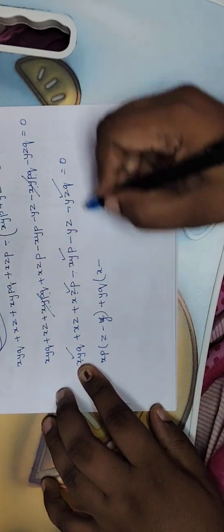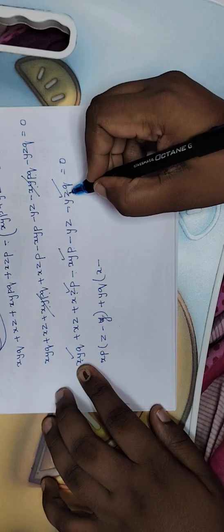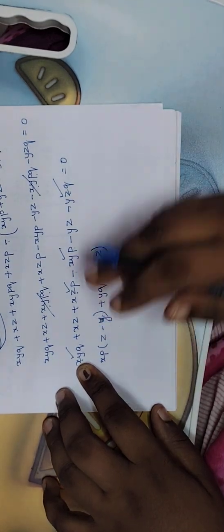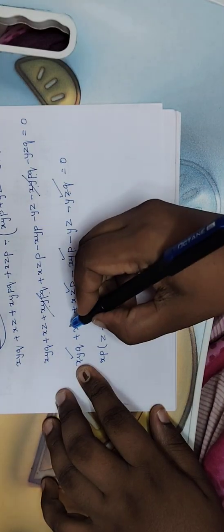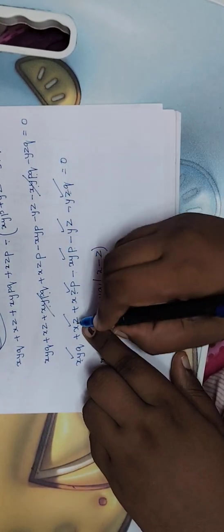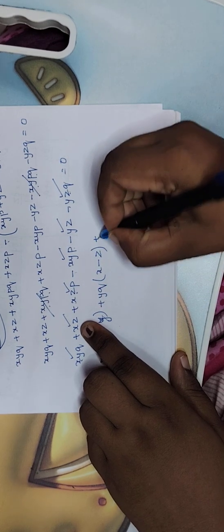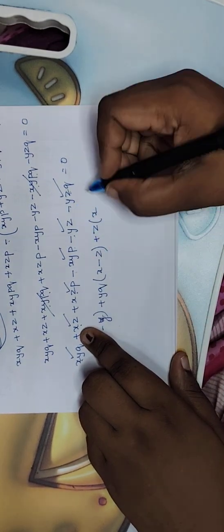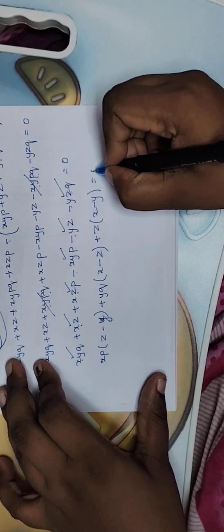Minus sign is here, and here the remaining term is z. Okay. And then the last remaining terms are xz and yz. If you see here the common term is z. So if I take z commonly outside, it is x, minus y. So this is equal to 0.